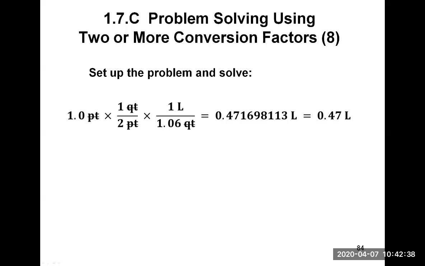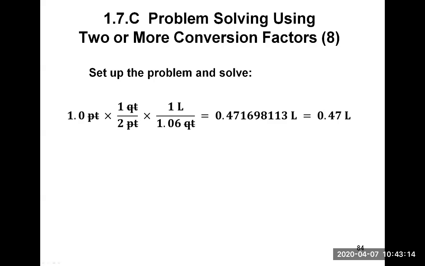Another way to type this in your calculator is by doing 1 divided, open the parentheses, 2 times 1.06, close the parentheses. By using the parentheses in the denominator, you let your calculator know that this multiplication of 2 times 1.06 must be done before it is used to divide the numerator.